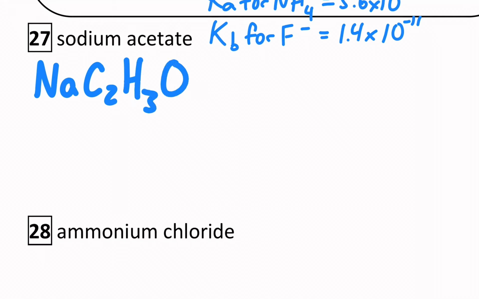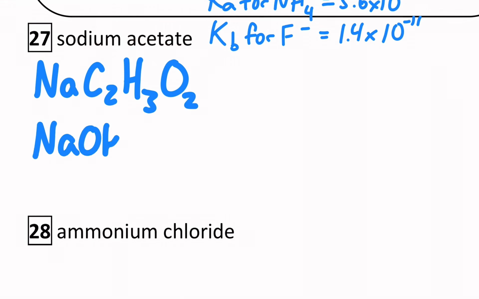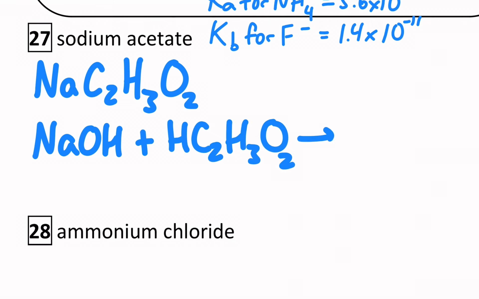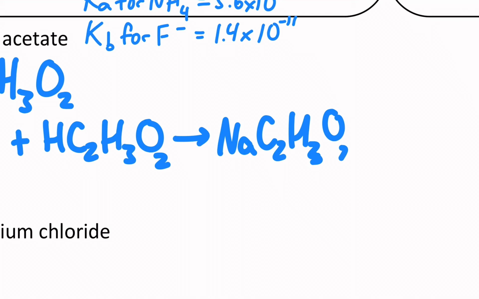Starting with sodium acetate. Sodium acetate is NaC2H3O2. And if I try to think about where it would come from, the cation would come from a hydroxide-containing base, and the anion would come from the protic version of this anion. So that's sodium hydroxide plus acetic acid, and that would give me sodium acetate, NaC2H3O2, and then in this case I have a water molecule.